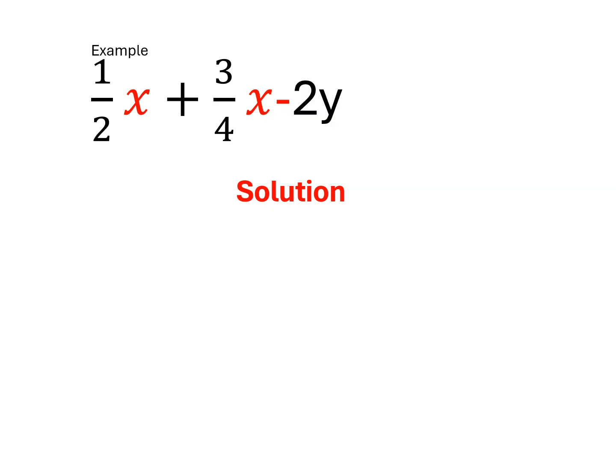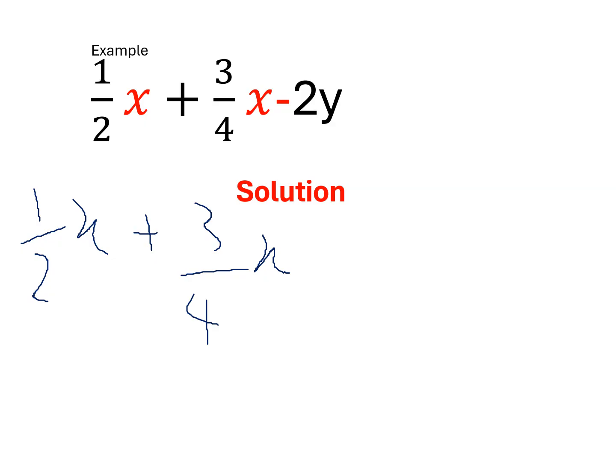So we have a half x plus 3/4 x. What I'm going to do is make the denominators the same, the bottom numbers the same.